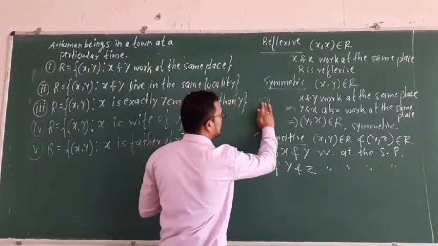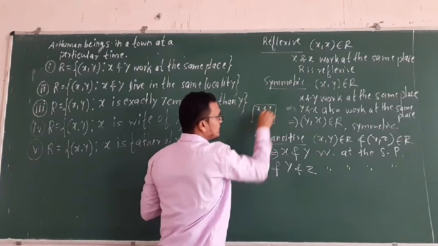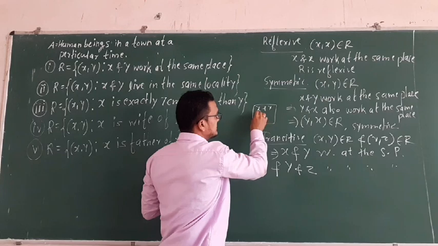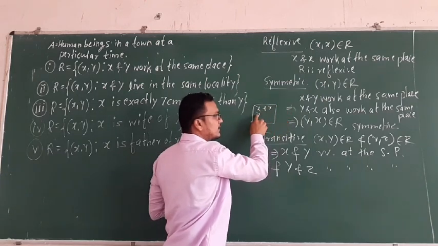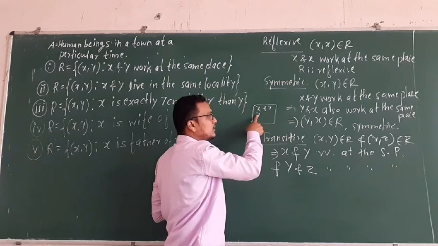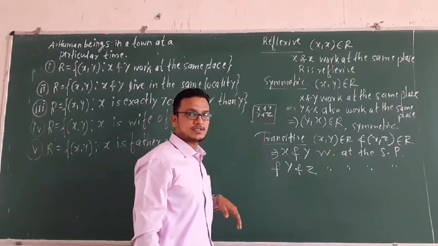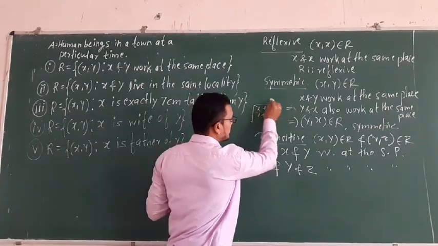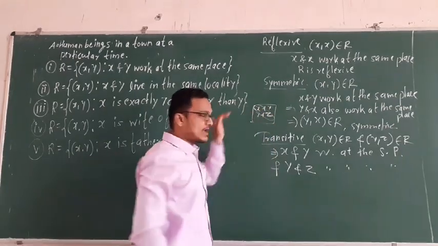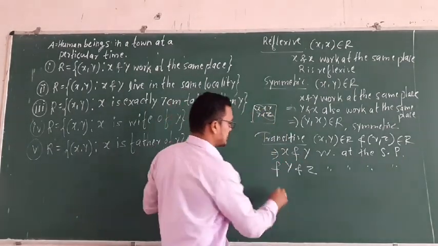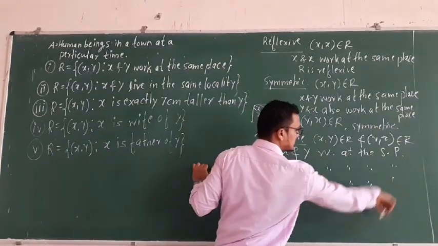Now take the example again. This is your place. X and y work at the same place, and they are working in this place. Whatever place y is working in, obviously z will also be working at the same place. So x and y work in this place, y and z also work in the same place, and x and z also work at the same place.